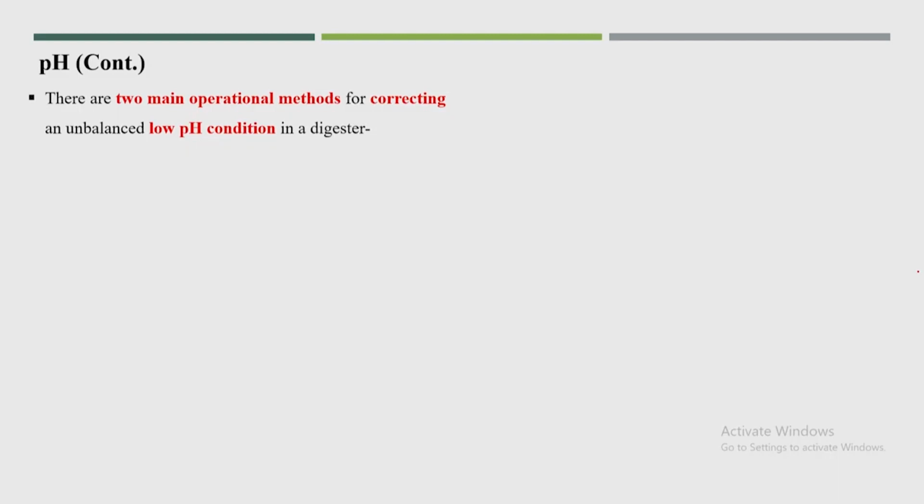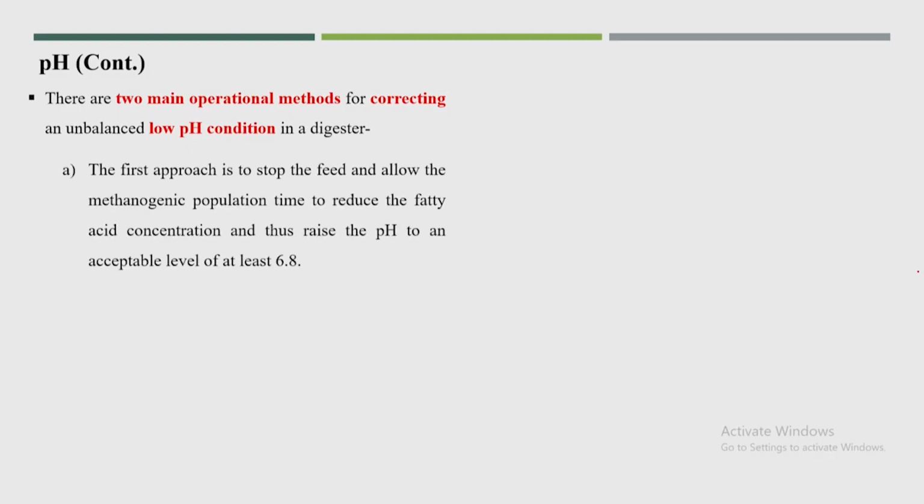There are two main operational methods for correcting an unbalanced low pH condition in the digester. The first approach is to stop the feed and allow the methanogenic population time to reduce the fatty acid concentration, thus raising the pH to an acceptable level of at least 6.8, or more than 6.5.